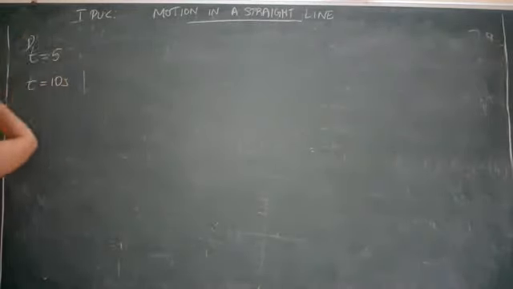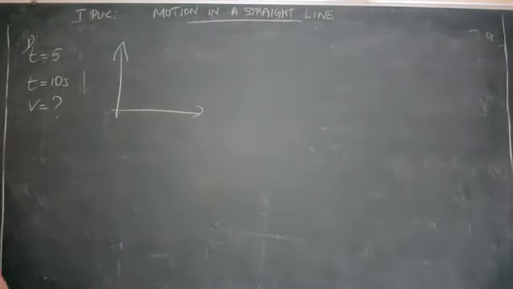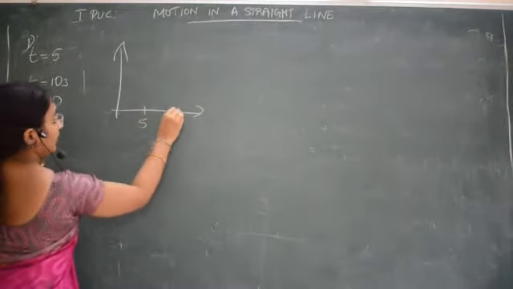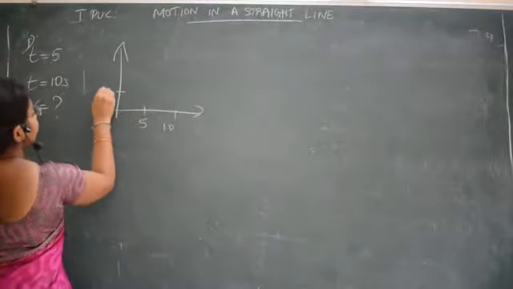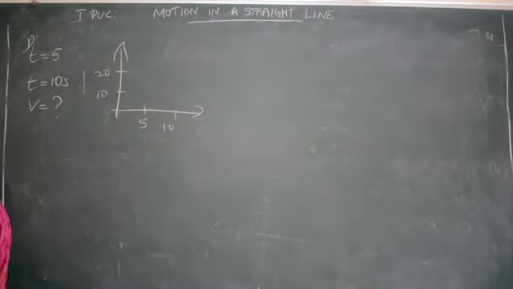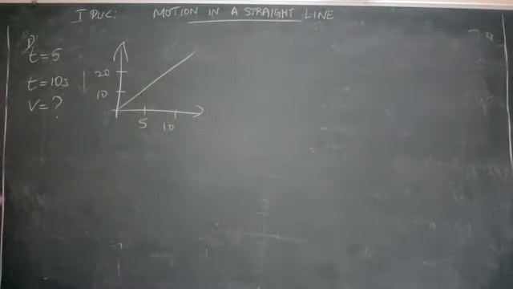You have to find what? Velocity, from the graph. What is that graph? Let me plot it once again. The points are 5, 10, then 10, 20. The graph is like this, correct?